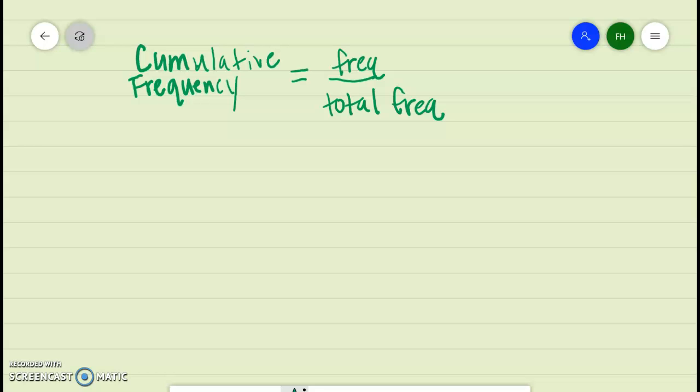So if you want to do the relative frequency, you're going to take the frequency for that particular class and you're going to divide it by the total frequency.